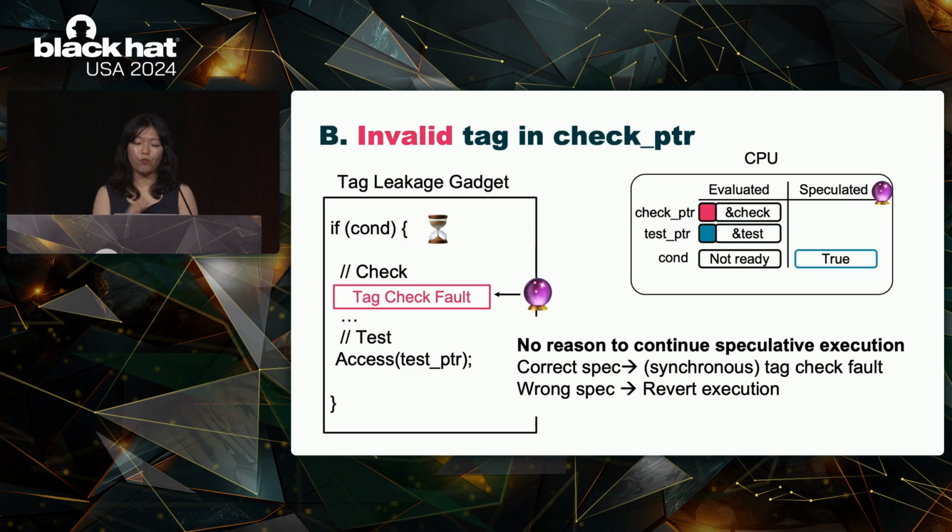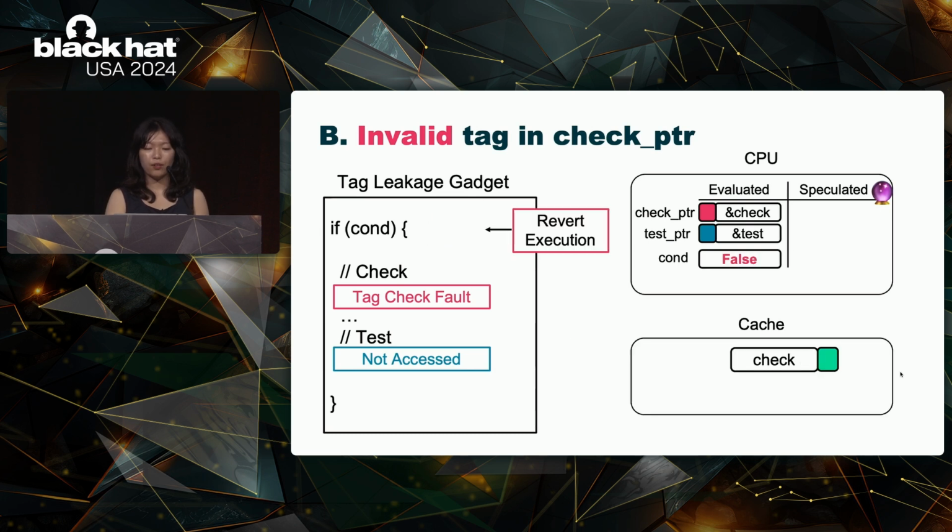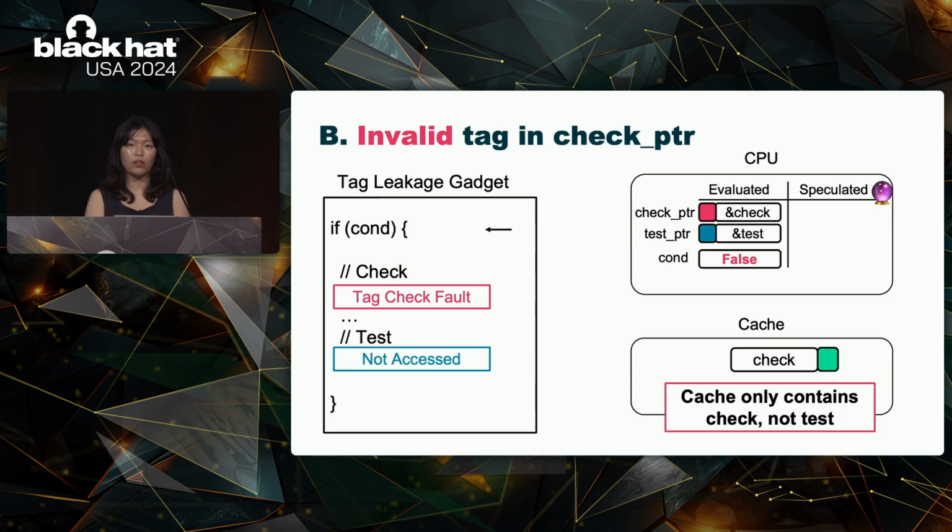If it was a wrong speculation, the CPU would revert the execution anyway. So it is possible that the CPU stops the speculative execution here. If so, when the condition value is evaluated as false, and the CPU reverses the execution, the cache would contain only the tag object.